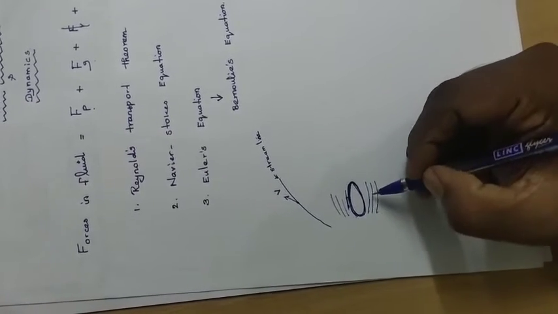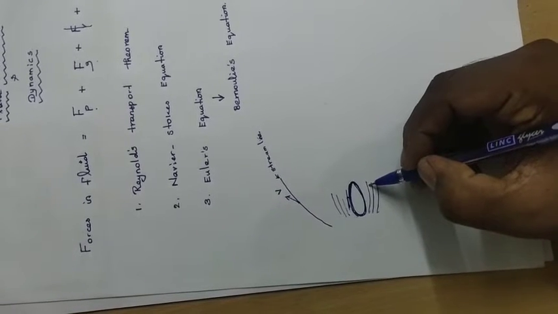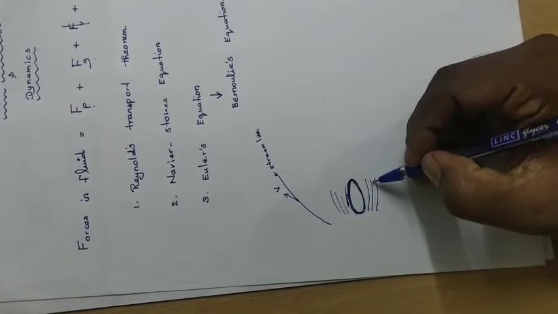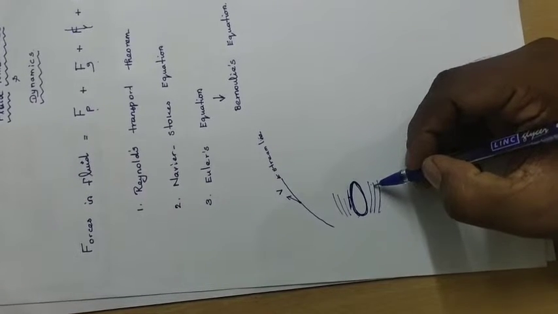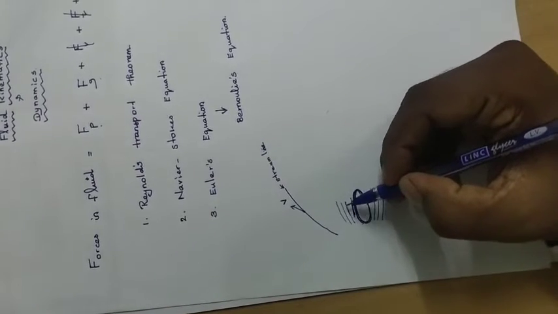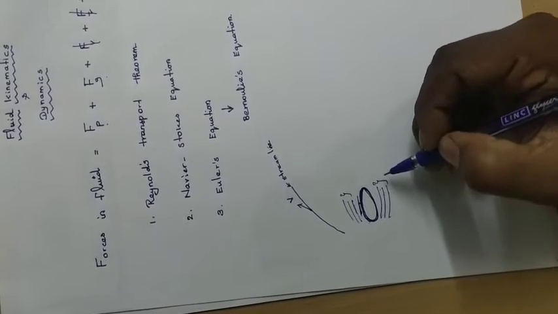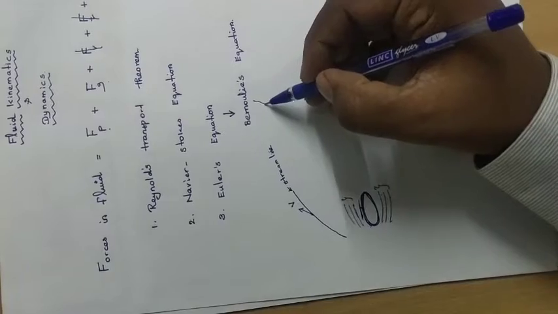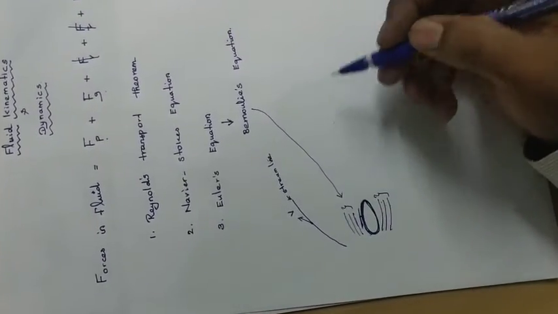right? So these are all the streamlines, which are parallel to each other, right? And as I said, they will not have any viscous effect. These kinds of non-viscous streamlines only are suitable for this equation.